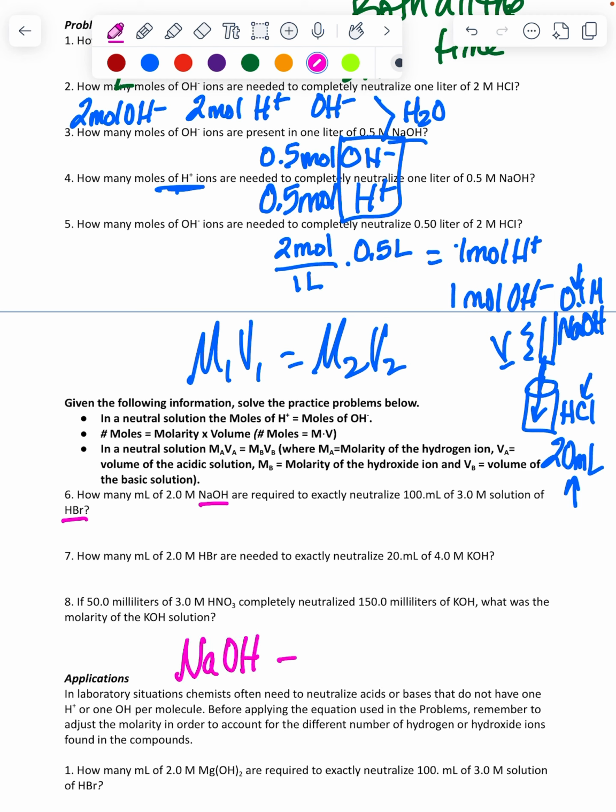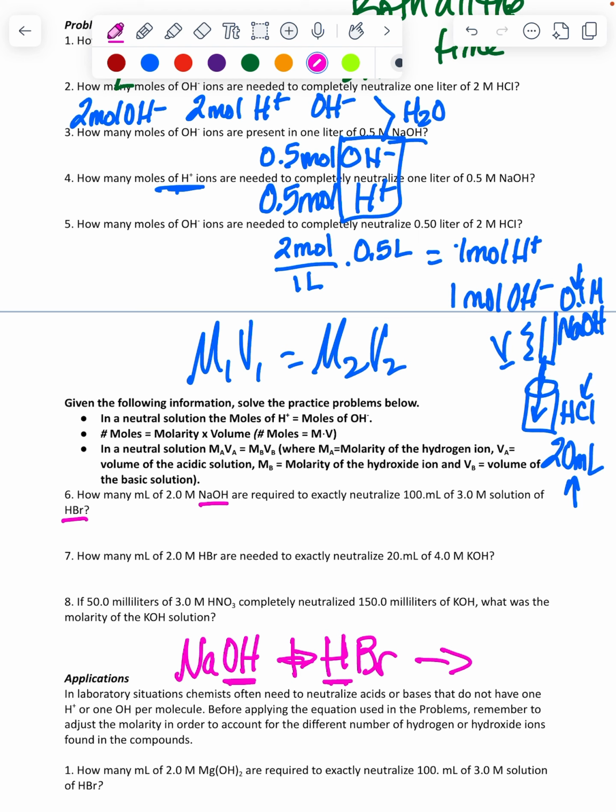If I were to write this reaction, HBr, you don't even have to write the water and the sodium bromide on the other side. You could just stop here. Do I have 1 OH for every H to make water? Yes, I do. So as long as you have a 1-to-1 ratio, this is fabulous. I'm going to show you in a minute what you have to do if it's not 1-to-1, okay?